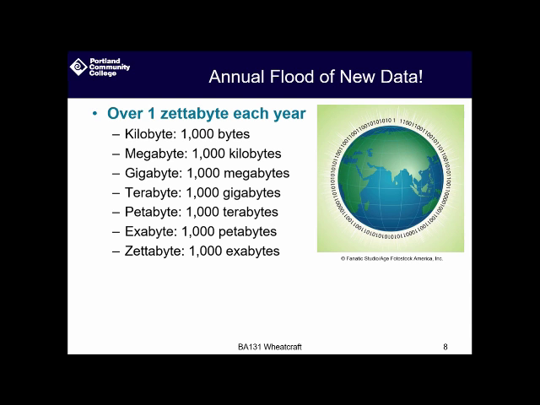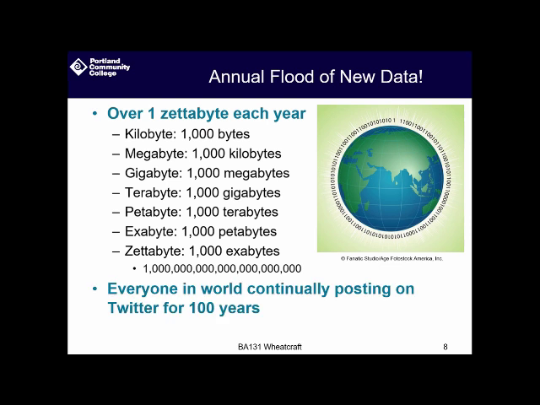And as you see, we go down through gigabyte, terabyte, petabyte, exabyte, and finally a zettabyte. So what does 1,000 exabytes look like? Well, here it is, a 1 followed by all these zeros. That's 1 zettabyte. So still, how do you get your hands around it? How much is that?